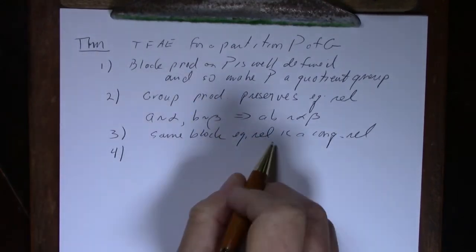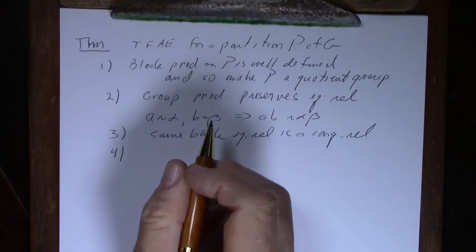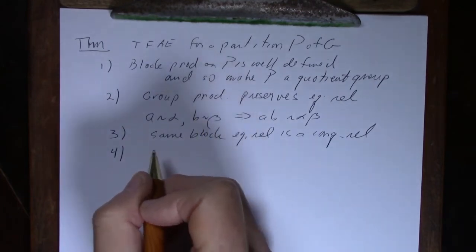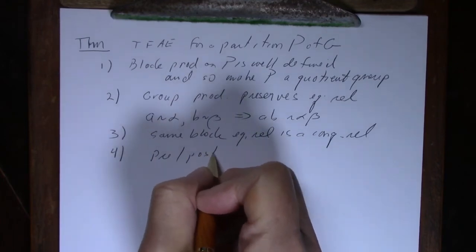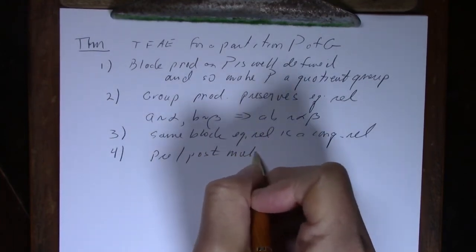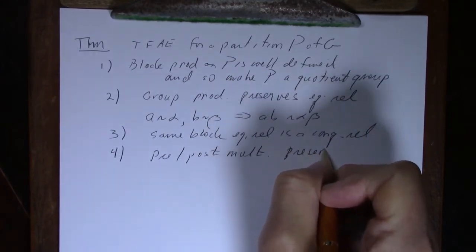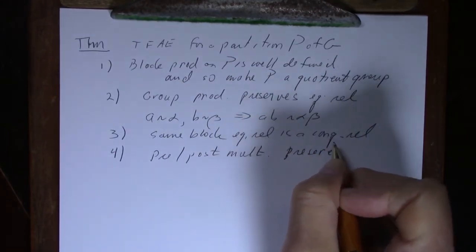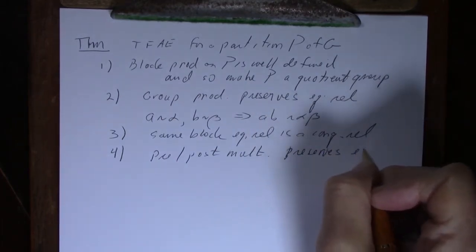So in other words, it is preserved by product and inverses. 4, pre and post multiplication preserves the equivalence relation.